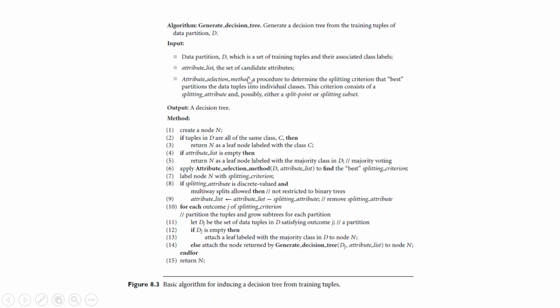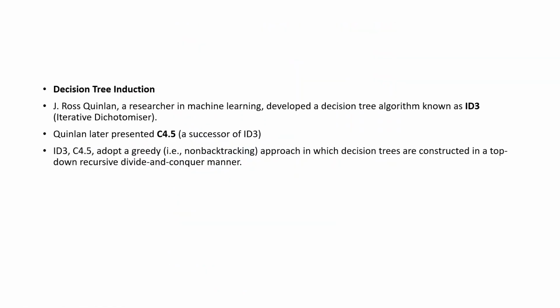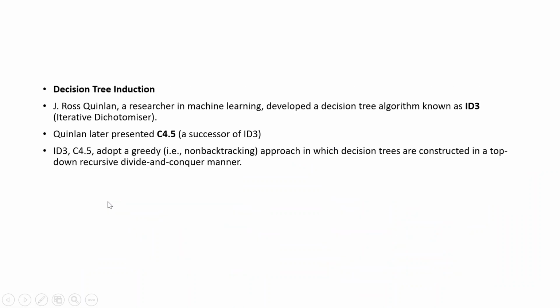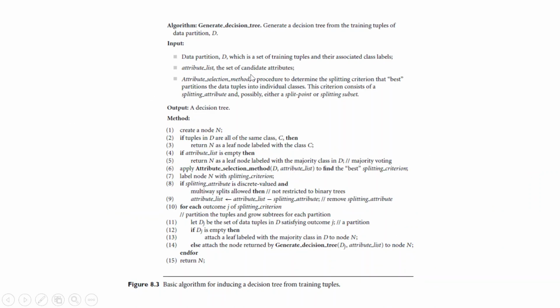This attribute selection method is a method for deciding which among the attributes in the attribute list is the best for partitioning or dividing, that is, which one is the best at each of the points. So at the first point, which among age, income, student, and credit rating is the best attribute to partition this so that you get the best model? That is what you have to decide. That is what we mean by attribute selection method. The output is of course a decision tree.